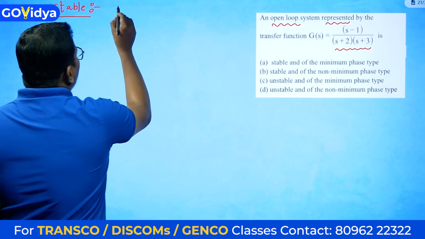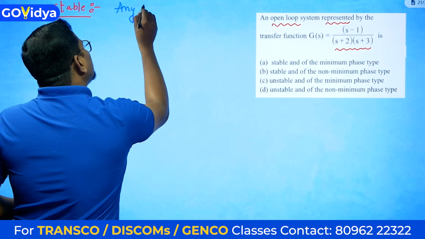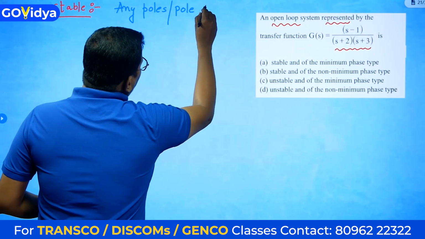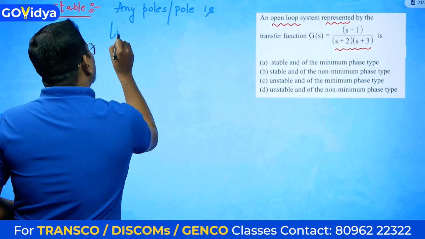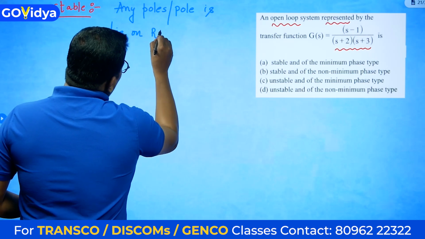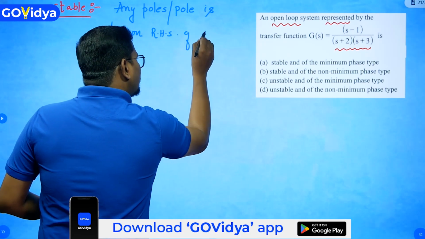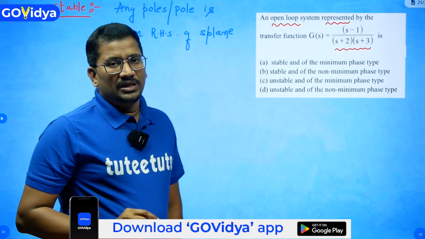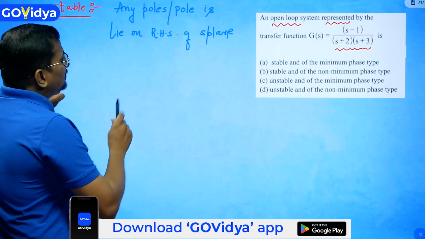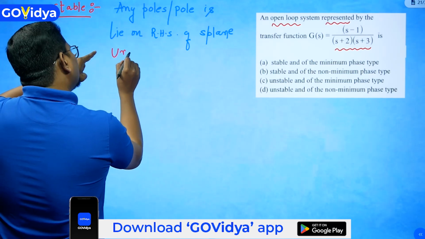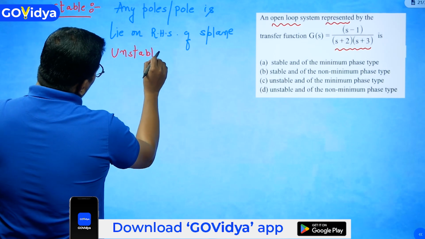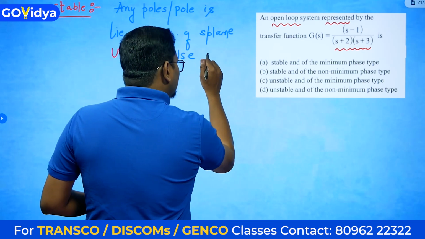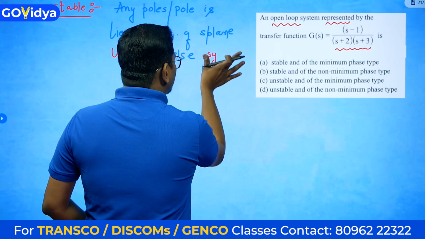Whenever any pole lies on the right hand side of the S plane, then we can say the system is unstable.